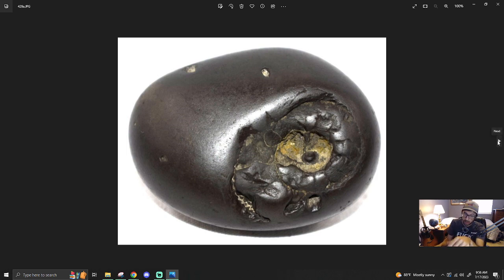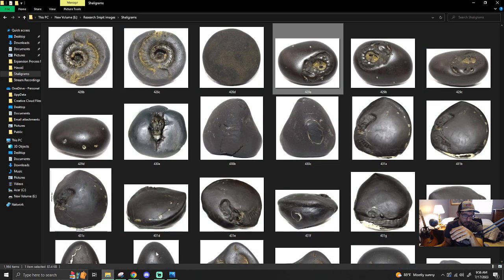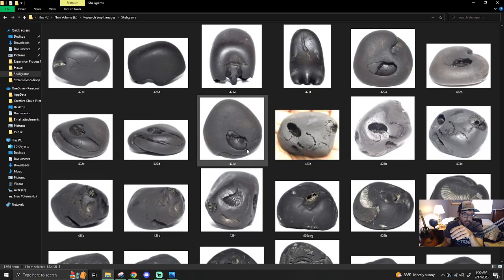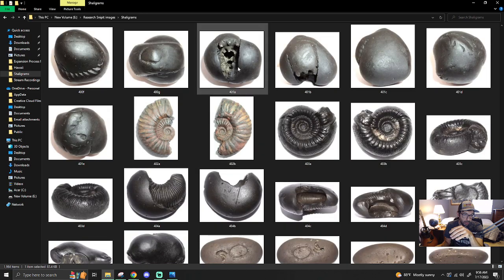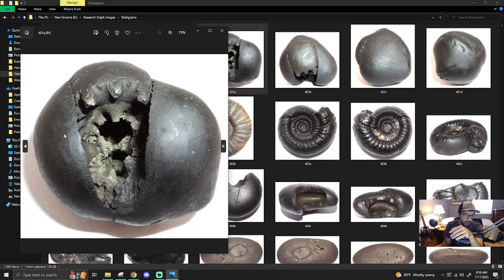So generally, maybe I'll pull up an example real quick. Say here, it has a topside.